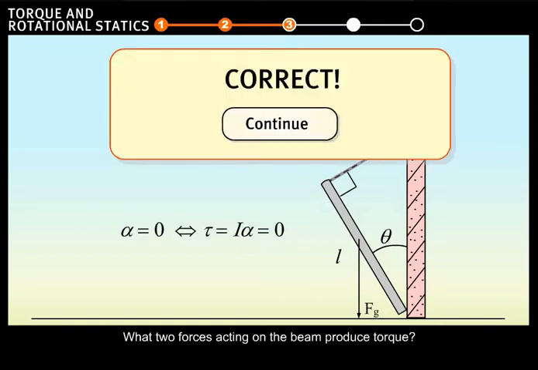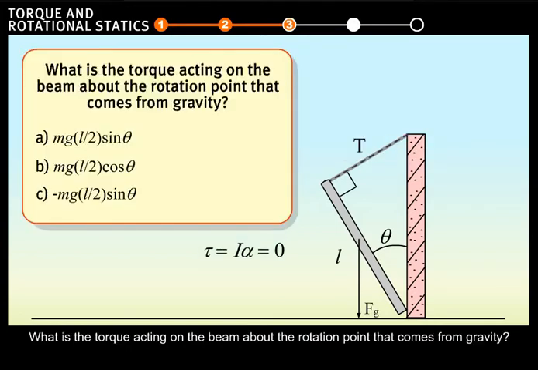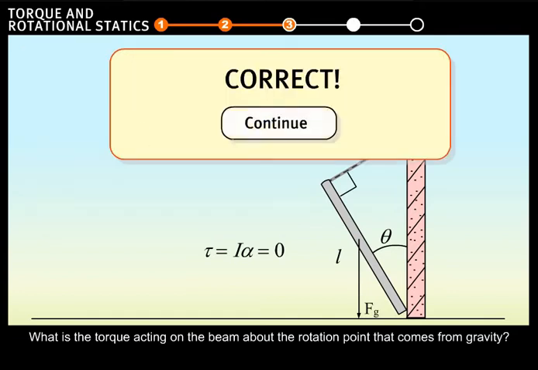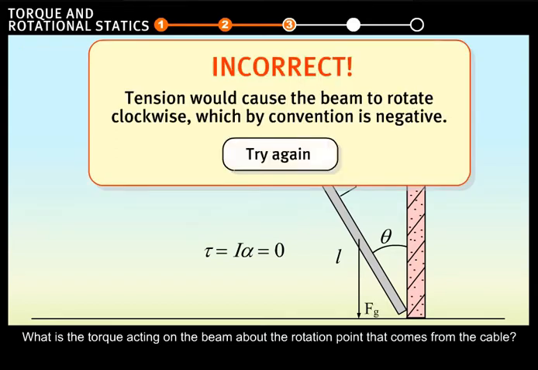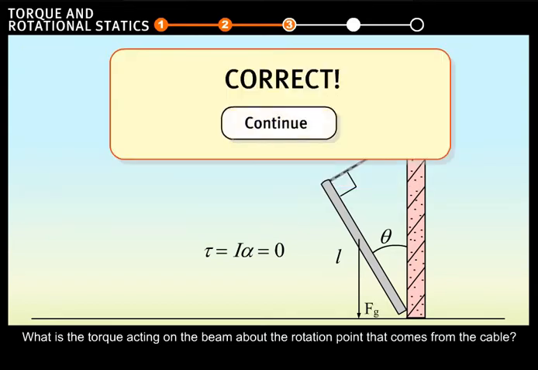Correct. What is the torque acting on the beam about the rotation point that comes from gravity? Correct. What is the torque acting on the beam about the rotation point that comes from the cable? Try again. Correct.